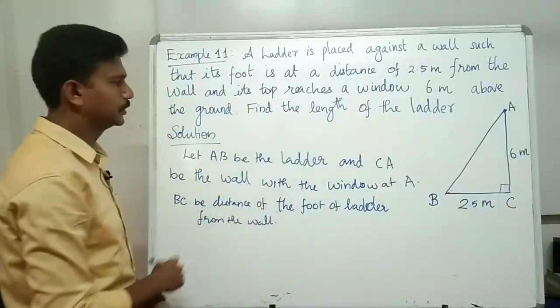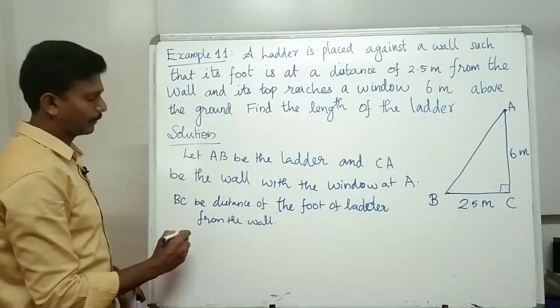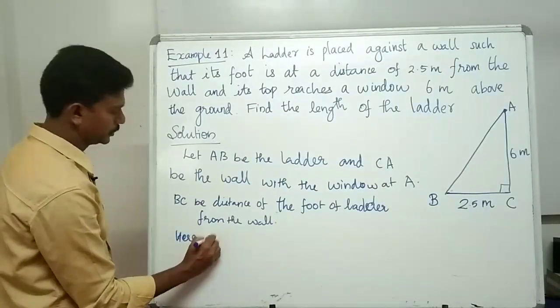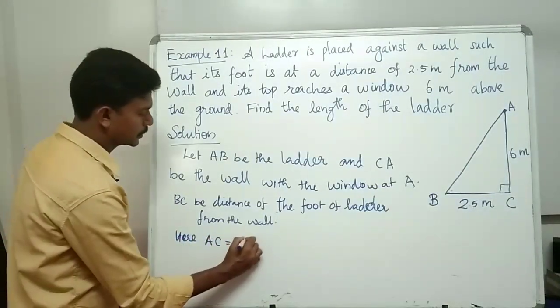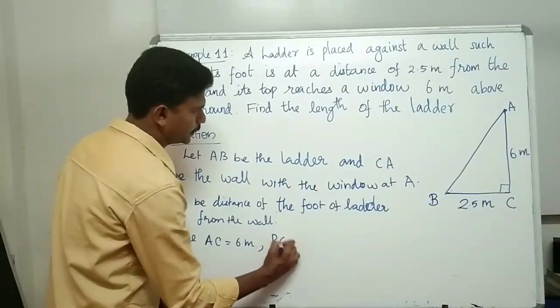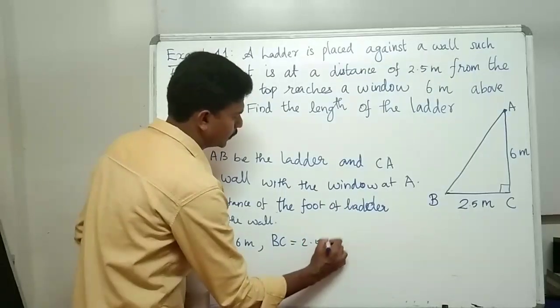So we have given all the values here. AC is equal to 6 meters and BC is equal to 2.5 meters.